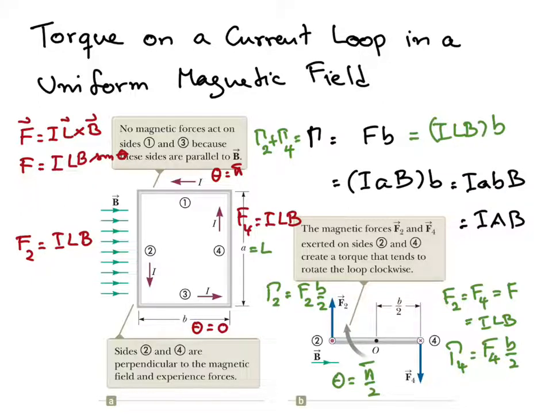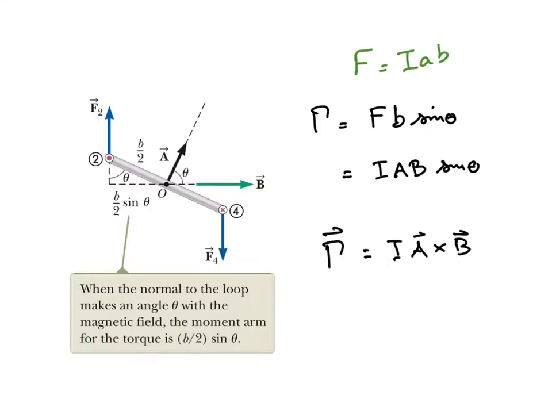The plane is parallel to the magnetic field, but the angle theta, the angle between the vector A and the magnetic field, is pi over 2, and sine pi over 2 is 1. So we have the maximum torque when the plane of the loop is parallel to the magnetic field. In general, we have the torque I A B times sine theta.